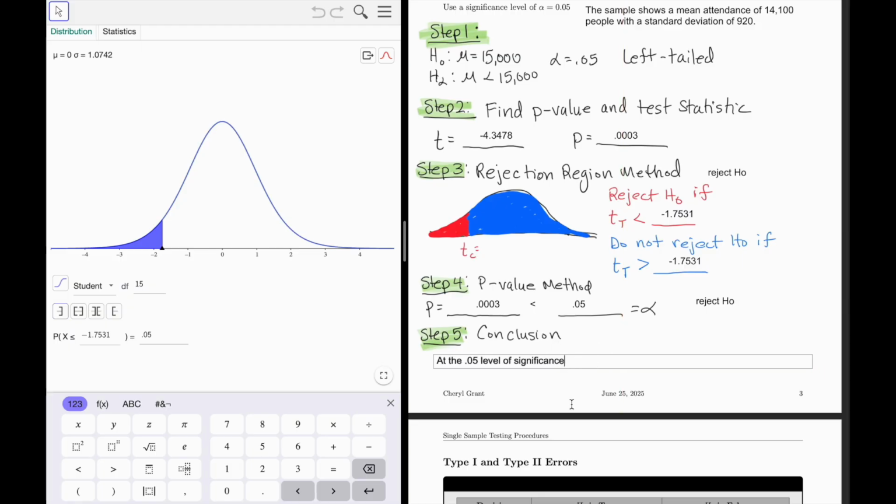There is enough evidence to support the claim that the historical attendance was less than 15,000.